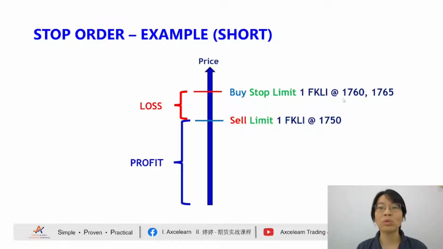So for example, between 1,760 to 1,765, within this 5 point range. So anything higher than 1,765, which is worse for this scenario, then this particular stop limit order would not be executed until it came back to 1,765 to 1,760, then it would be executed.